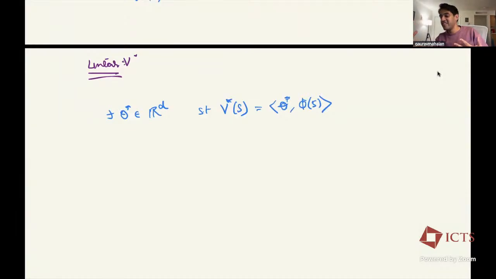Your features phi of S are so nice that your value is just this linear function of it. You don't know what theta star is. This is unknown.